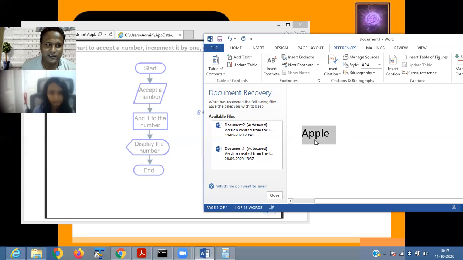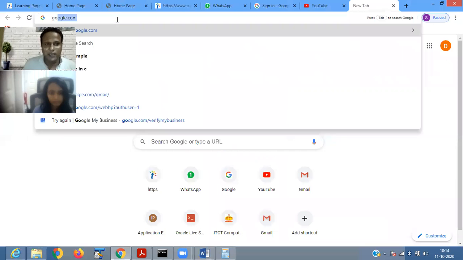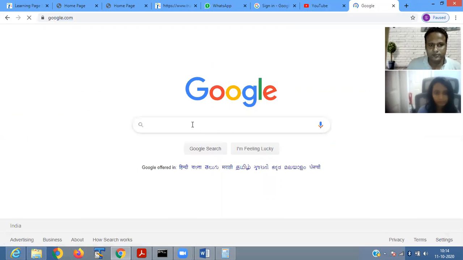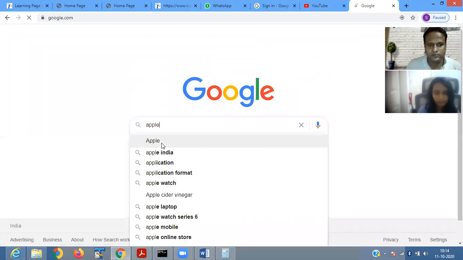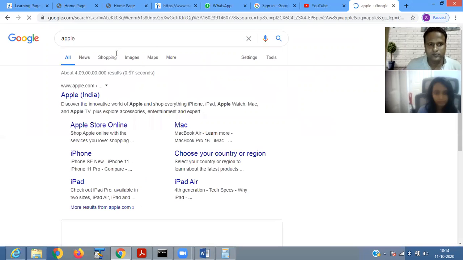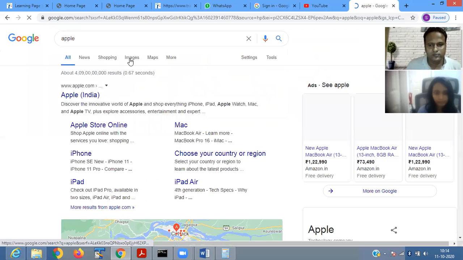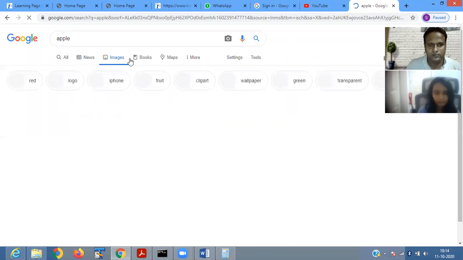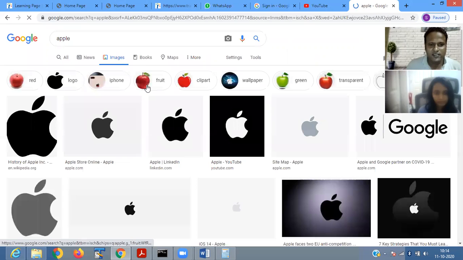Read it. Yeah. It is apple. Now, if I graphically define it for you, see that if I'm showing you a picture, this picture also represents an apple.